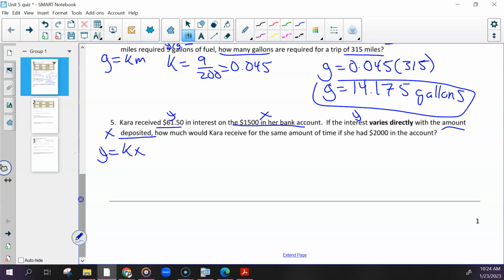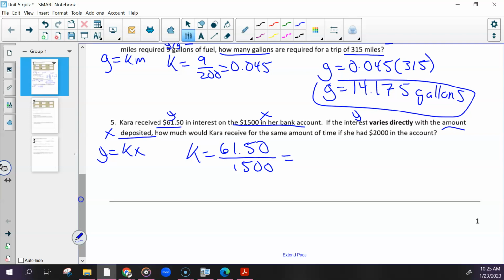Use the numbers given to find your k. So that would be 61.5 over 1,500. And then 0.041 was your answer for k.